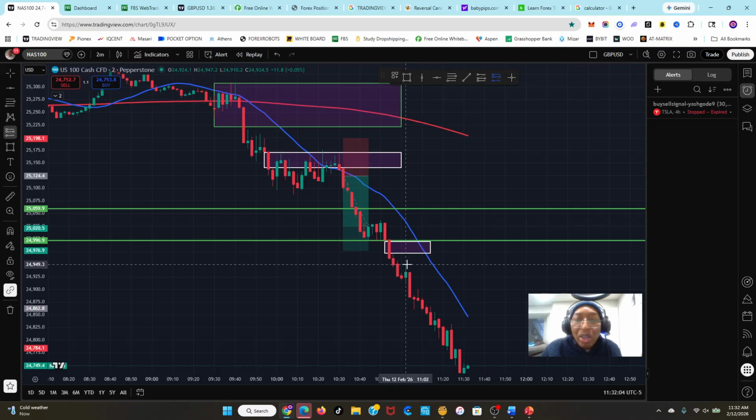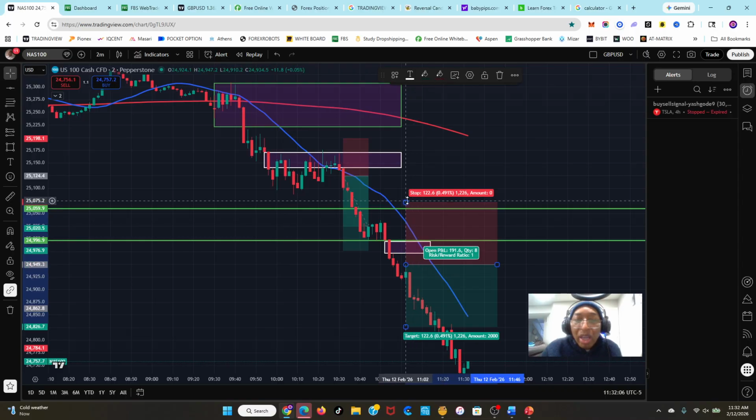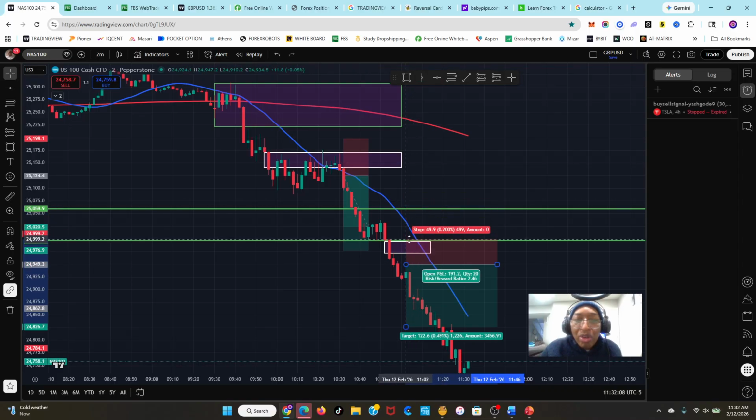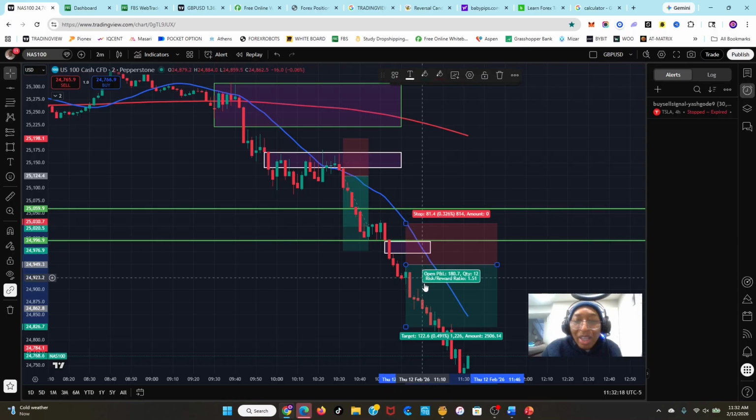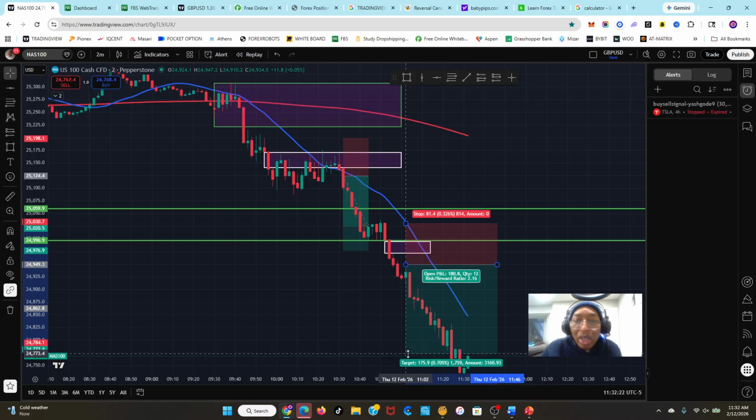So we would have entered here, and we would have put our stop loss right there, or we could have started it at our initiation candle, as we said, and then our 1-to-2 risk to reward ratio would have been all the way down there.